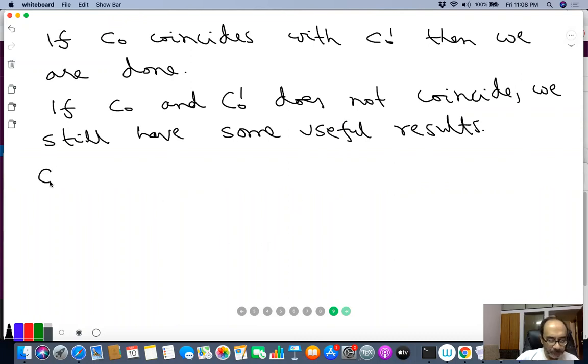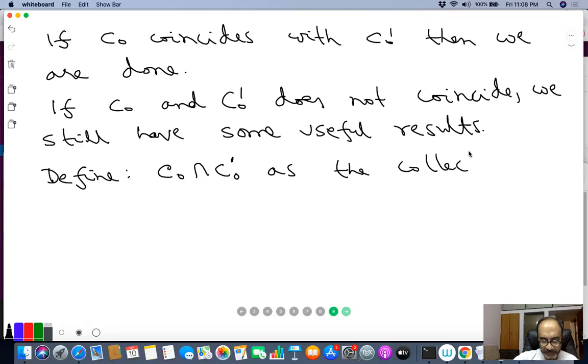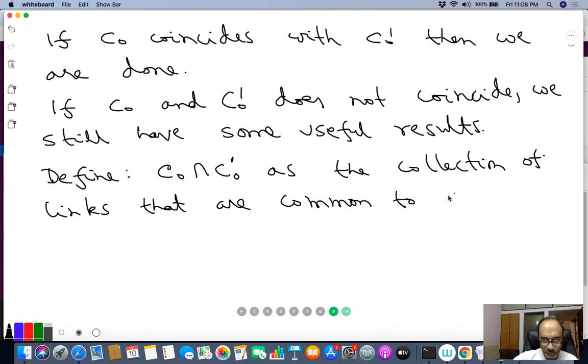So let's define C naught intersection C naught prime as the collection of links that are common to both C naught and C naught prime.